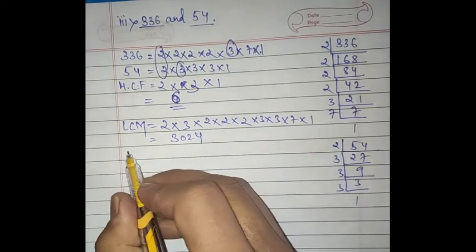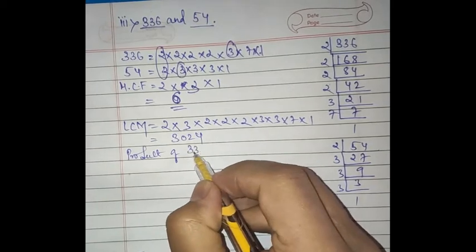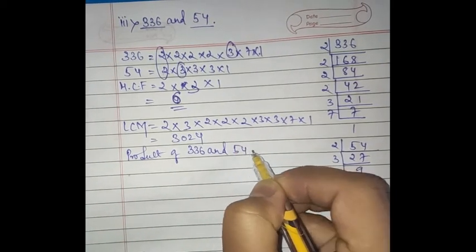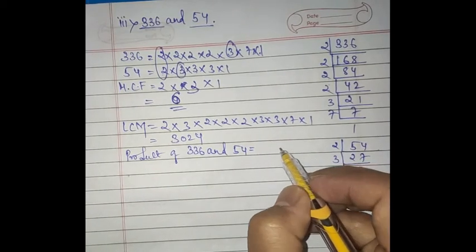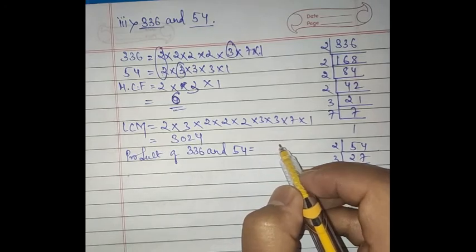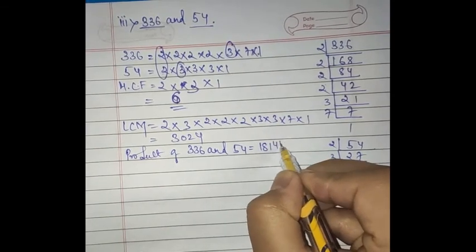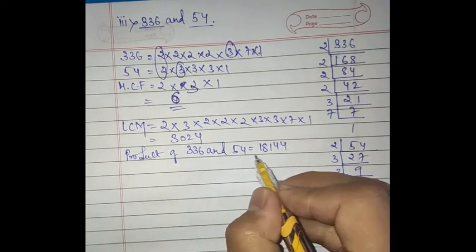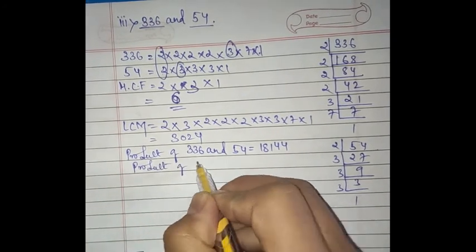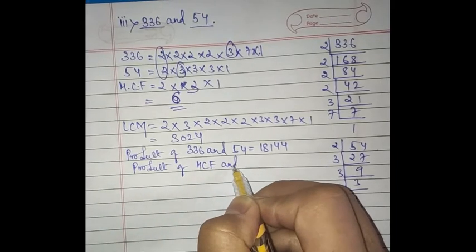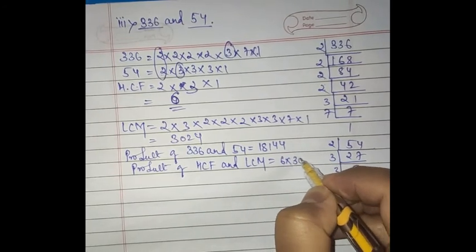Now what we have to do, product of 336 and 54 is equal to, when you multiply these two numbers, we are going to get 18144. This number I have already multiplied, so I am writing directly the answer. Similarly, product of HCF and LCM, or LCM and HCF, is 6 into 3024.